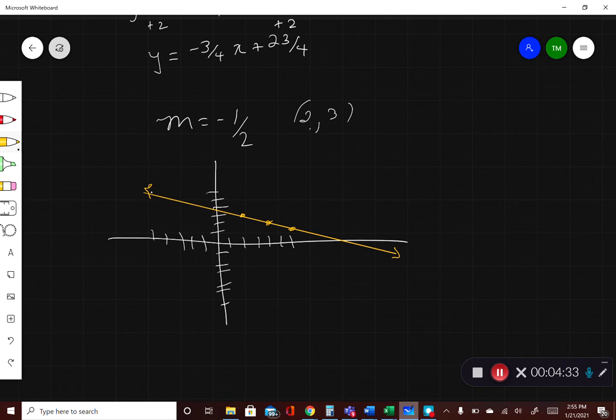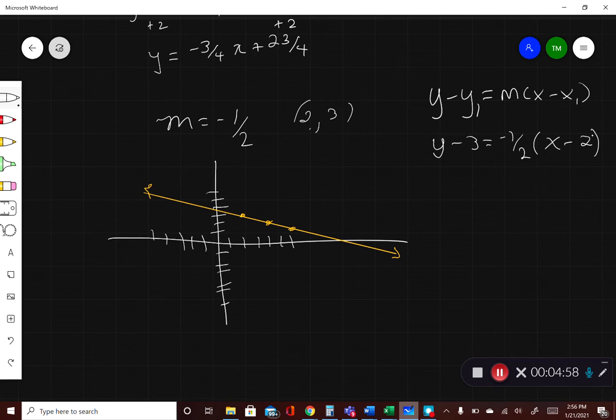We could also go from there and find the equation of the line. Once again, we're going to take those values and plug them into y minus y1 equals m times x minus x1. So plugging those in, we get y minus 3 equals -1/2 times x minus 2.